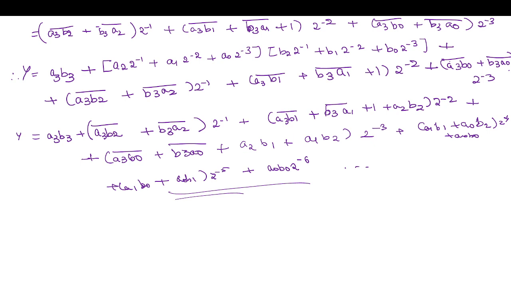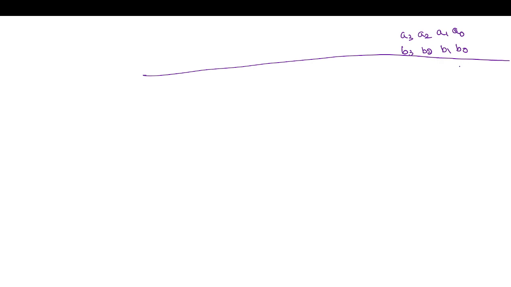So if we write like this algorithm, it will be 2 to the power minus 6, minus 5, minus 4, minus 3, plus 1, a0 b0.